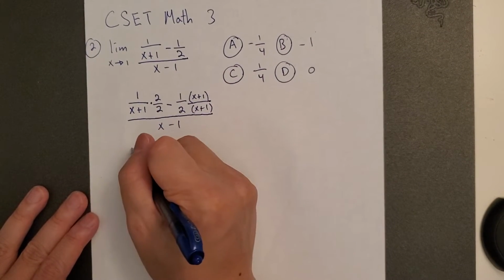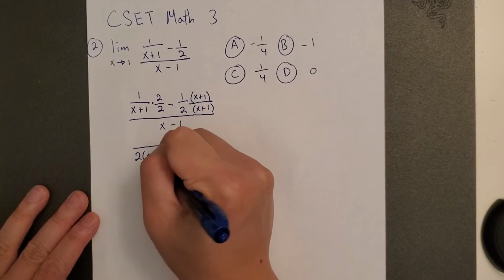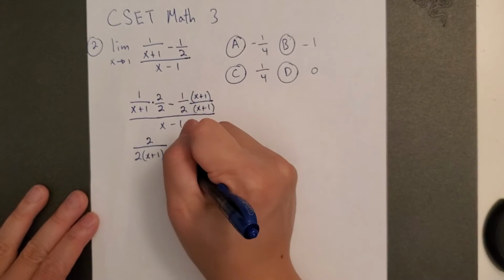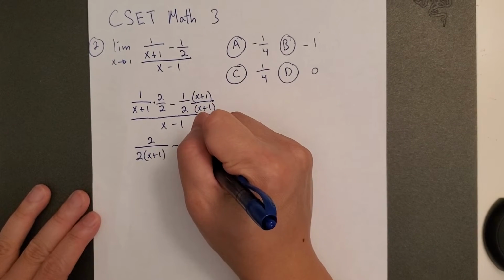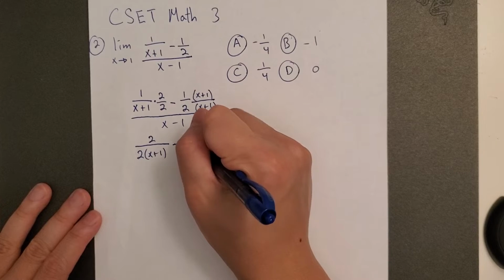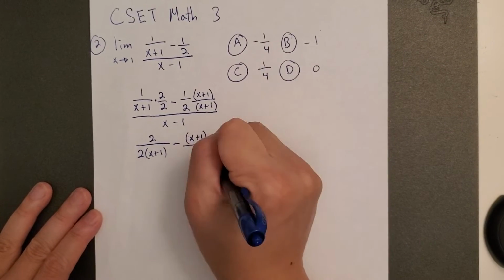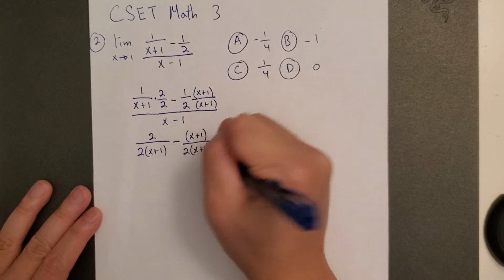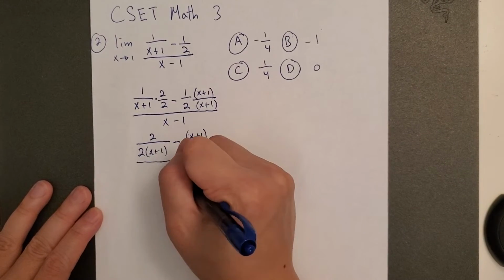Once we have that, we're just going to rewrite it. So we have x plus 1, and we have 1 times 2, which is a 2. And we have a minus, so we have 1 times x, which is just x, and then 1 times 1 plus 1. And then we have our common denominator. And like I said, we're just going to leave the denominator alone.